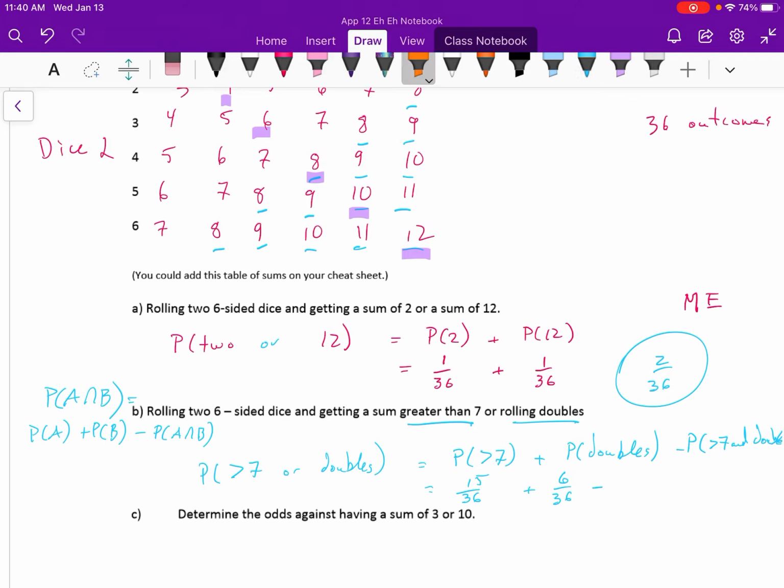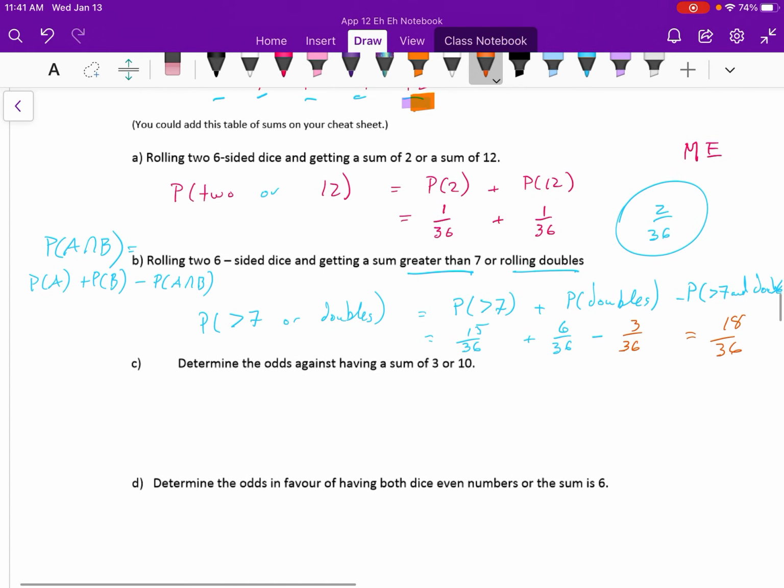Minus the probability of greater than 7 and doubles, and that occurs exactly 3 times: 8, 10, and 12. So if I add those up and subtract, we would get 18 out of 36.